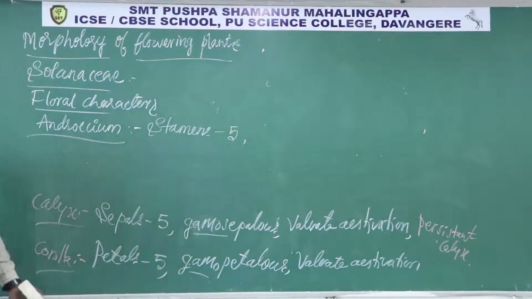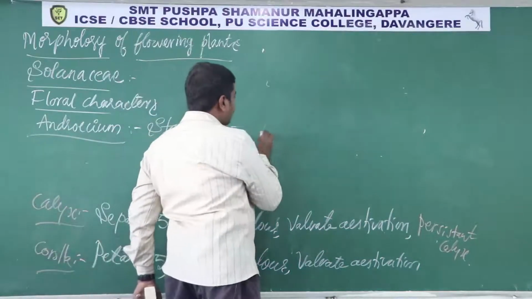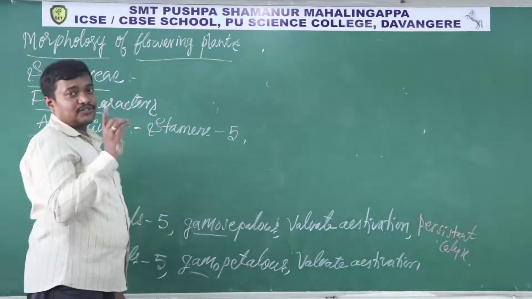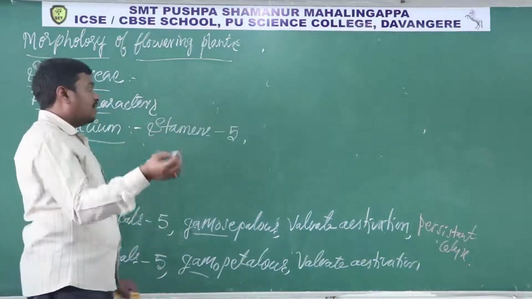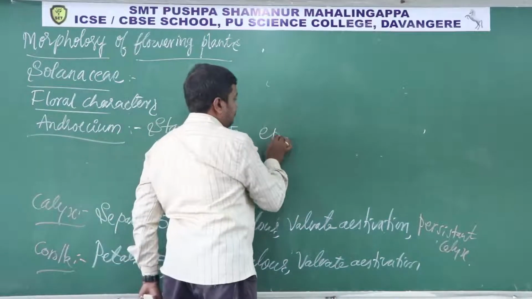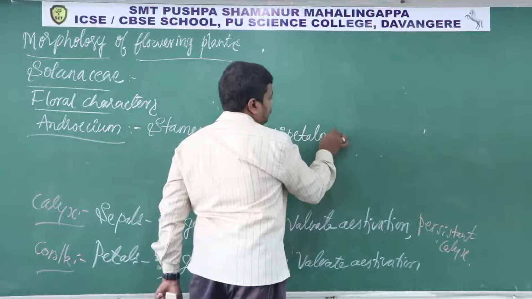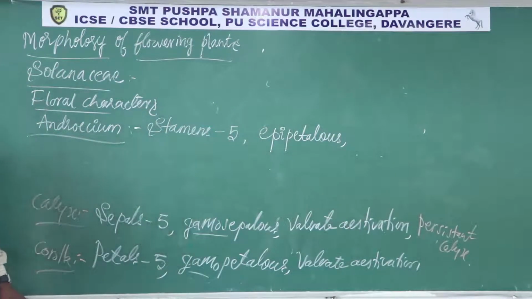And a very specific character of Solanaceae is that the stamens are attached to the petal, so called epipetalous. Epipetalous is a condition present in some families including Solanaceae.